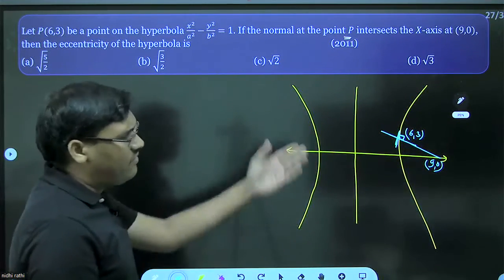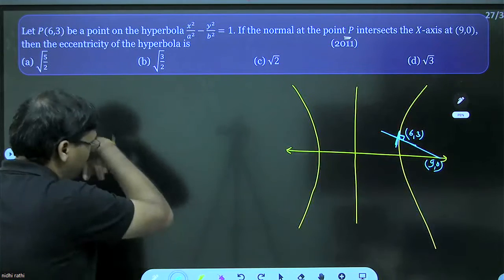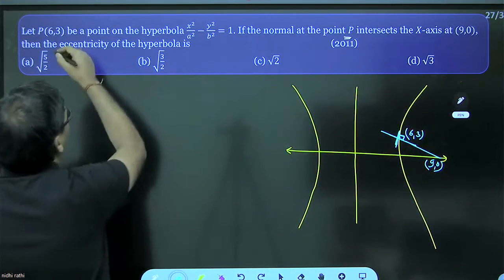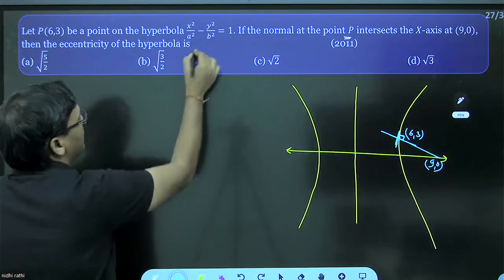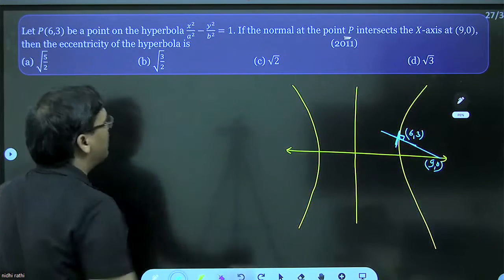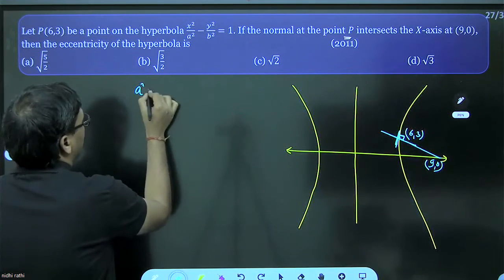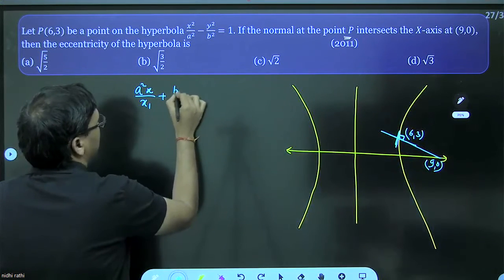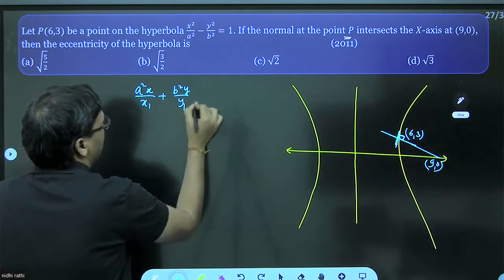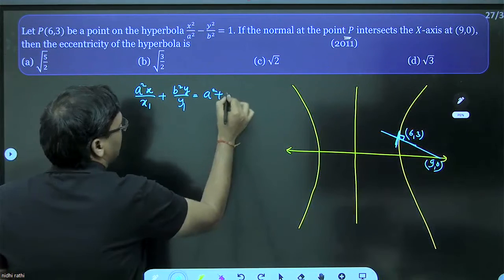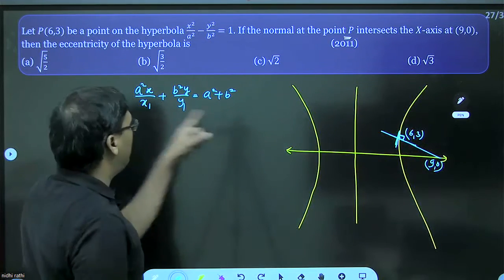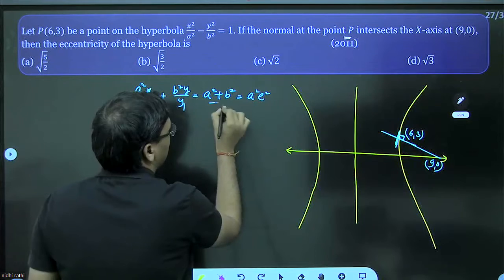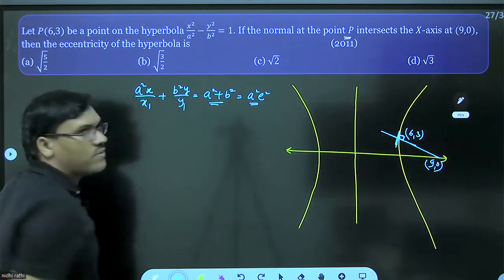Again, a very easy question. The equation of normal at any point (x1, y1) on the hyperbola x square upon a square minus y square upon b square is a square x upon x1 plus b square y upon y1 is equal to a square plus b square. This is also equal to a square e square.